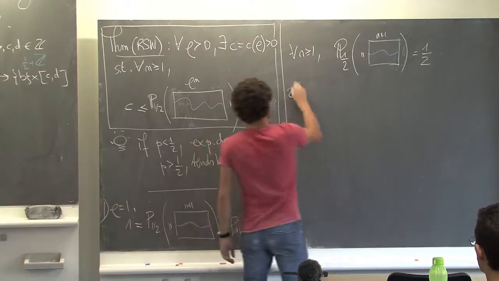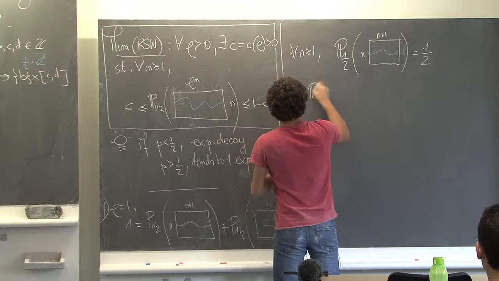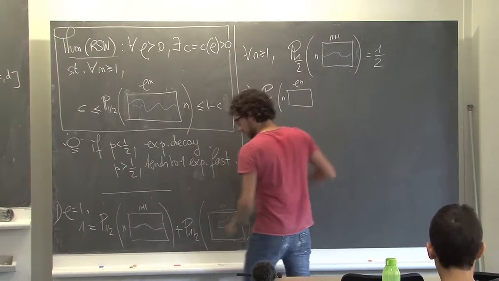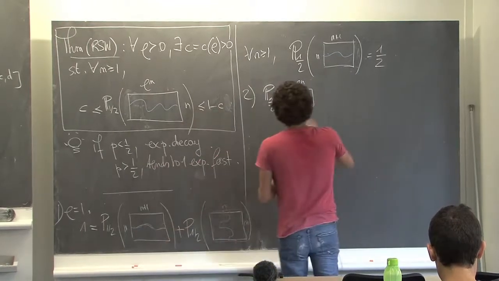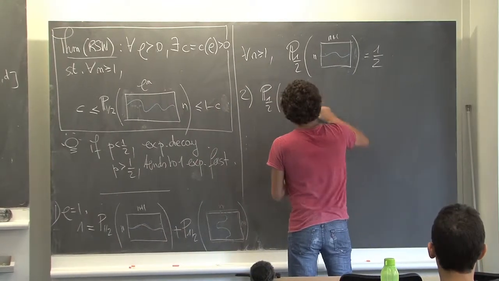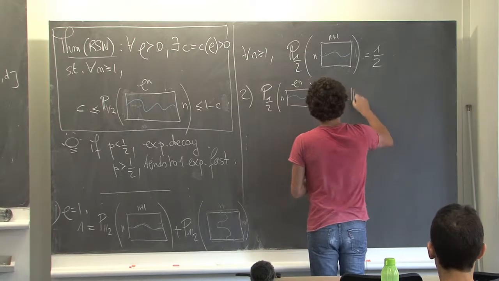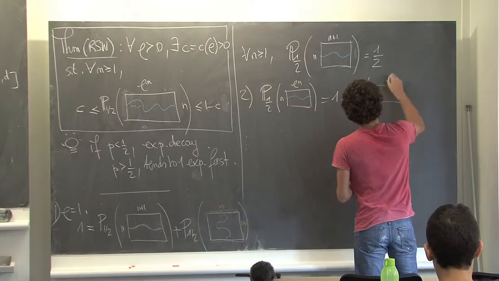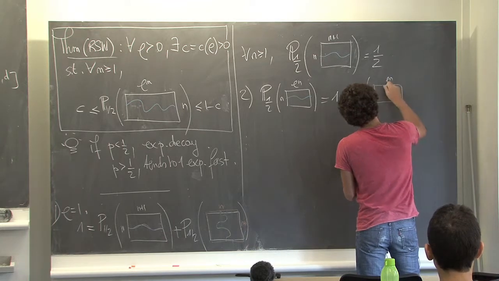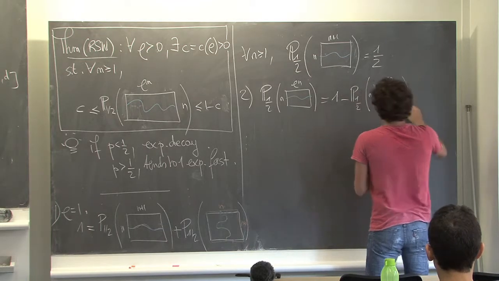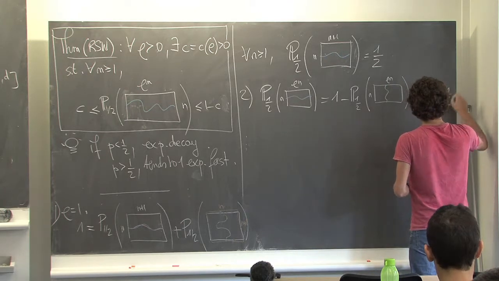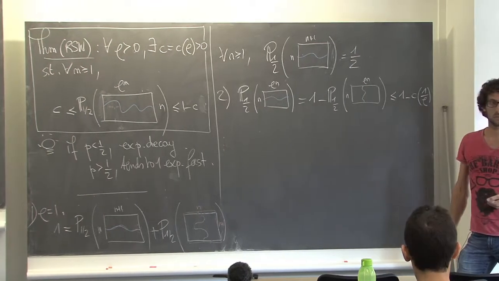The second remark is that the probability at 1/2 of a crossing of n by rho n, well, we said it's 1 minus the probability at a half of n by rho n, but having a guy like that. So this is smaller or equal to 1 minus c of 1 over rho. Right?